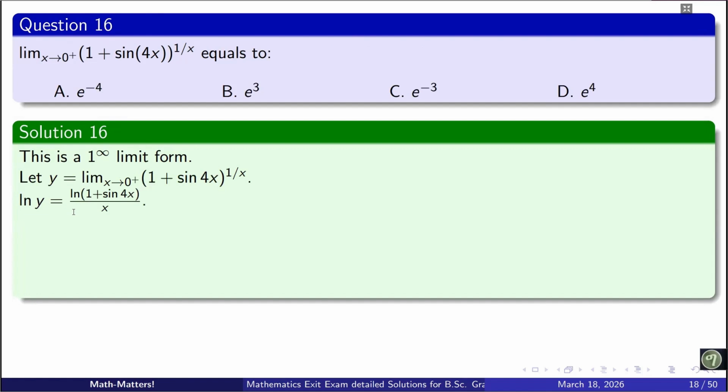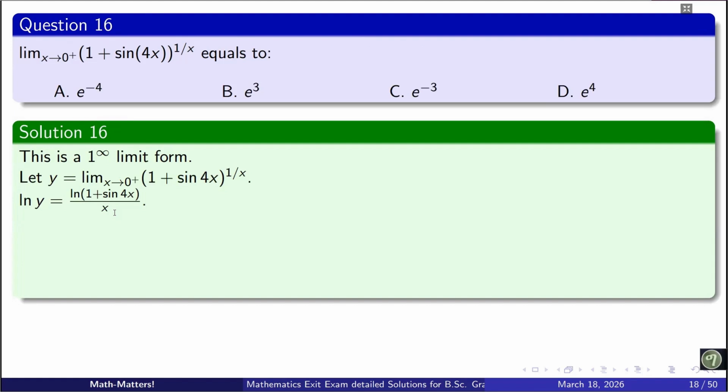So we have ln y is equal to ln of (1 plus sine of 4x) to the power of 1 over x. Using the laws of logarithm, we can bring the exponent down as the coefficient, so 1 over x means it is just the ln of 1 plus sine 4x over x.